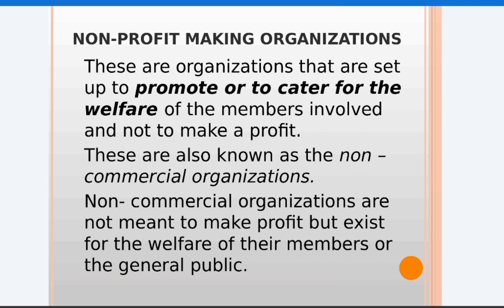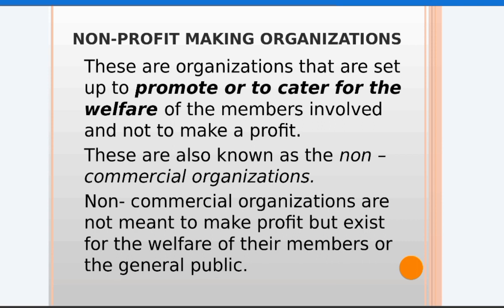So let us look at the first item, looking at the nature of these organizations. You will find that these organizations are normally called sometimes welfare organizations. We call them the welfare organizations because they are, of course, established to promote or serve the interest of the members.